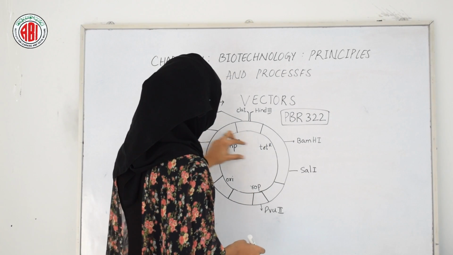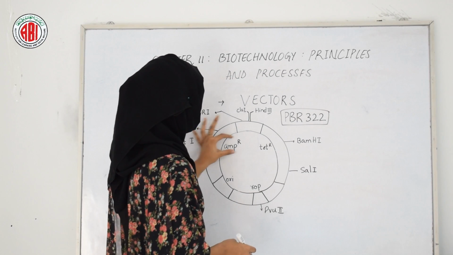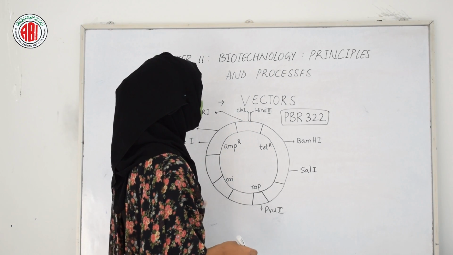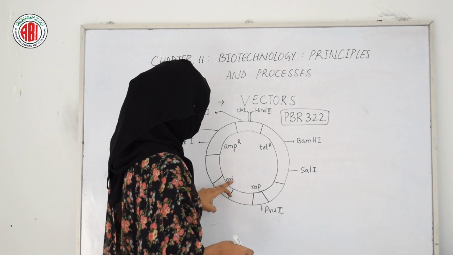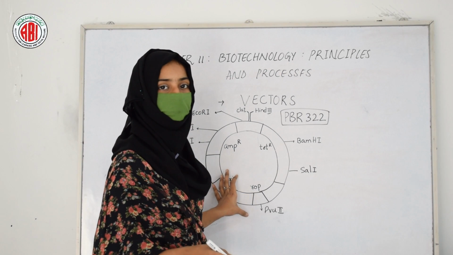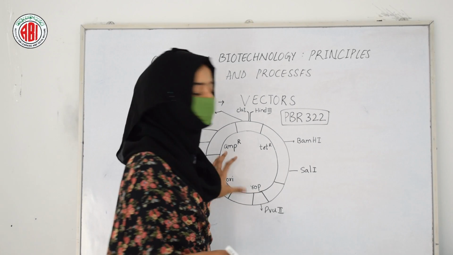Now, these two are the selectable markers. Ampicillin resistance and tetracycline resistance are the selectable markers which are present in the vector pBR322. And here we can find the site which is called the ORI site. We know that the ORI site is also known as cos site, where the replication initiates.